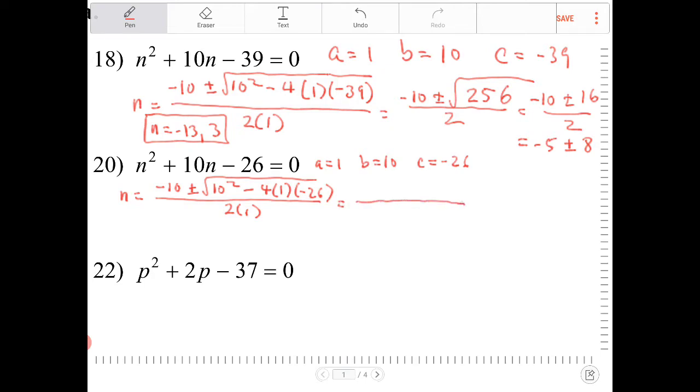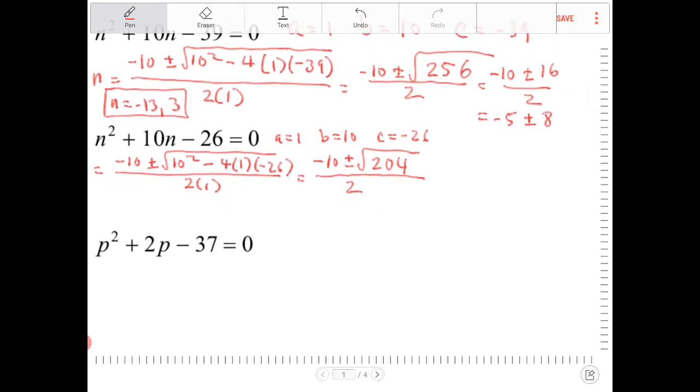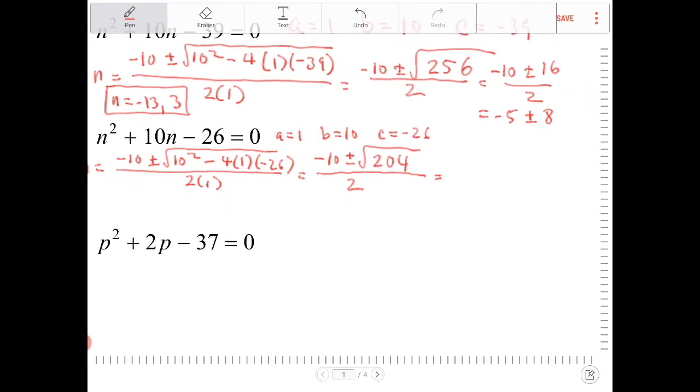So what is this all going to turn into? Negative 10 plus or minus square root of 100 plus, let's see here, 26 times 4, that would be 104. So I end up with 204 over 2. We need to reduce this. When we reduce radicals, we've got to consider, is there a perfect square that divides evenly into 204? I immediately see that 204 is divisible by 4.